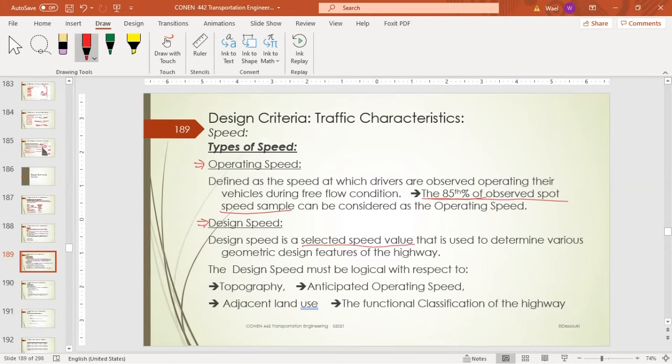The design speed must be logical with respect to topography, adjacent land use, the anticipated operating speed, and the functional classification of the highway.